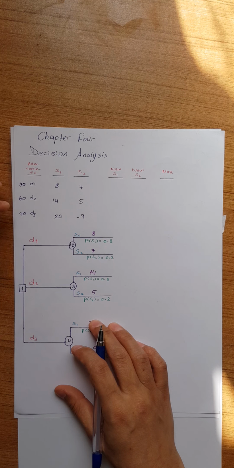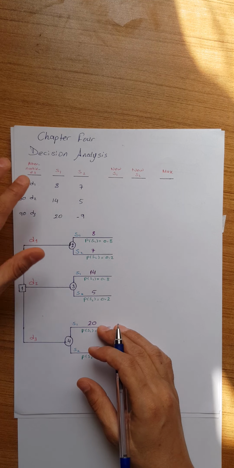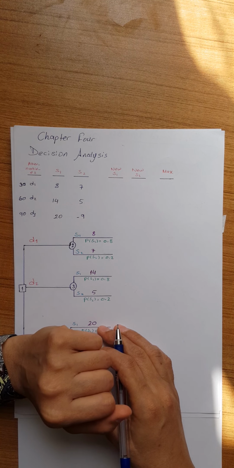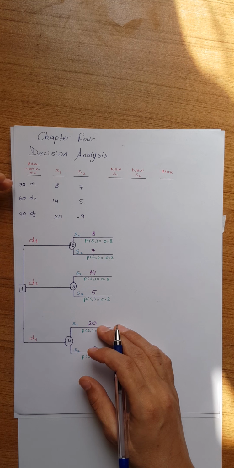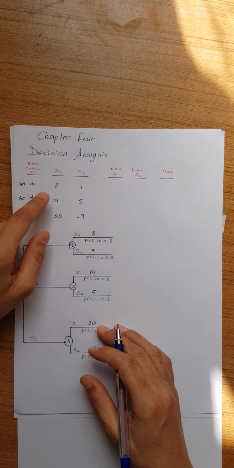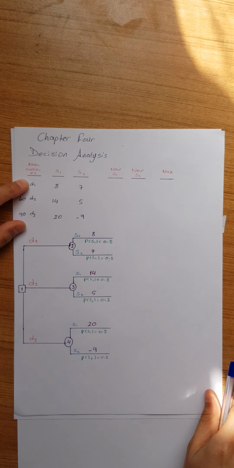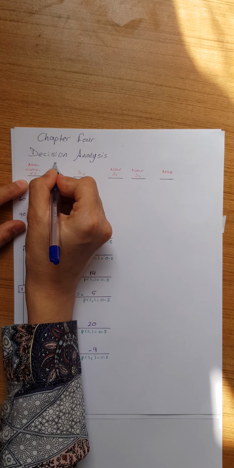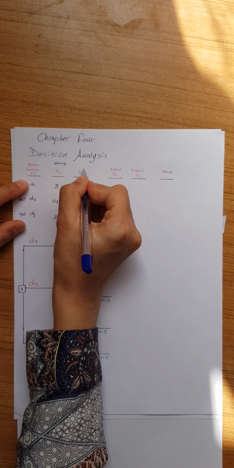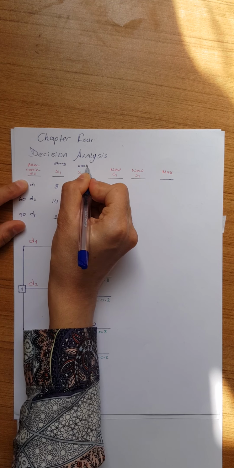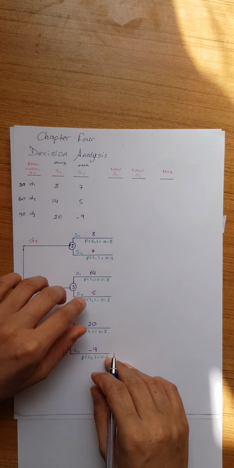When they have these three alternatives, of course, we have states of nature. The states of nature in that problem are whether there will be strong demand on the condominiums that they have, or the demand on those condominiums will be low or weak. So we have strong demand and weak demand on the condominiums.